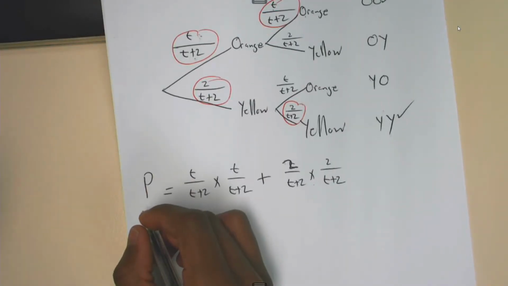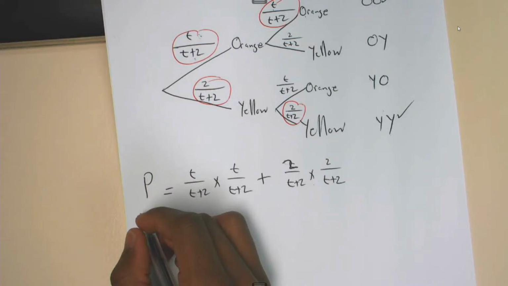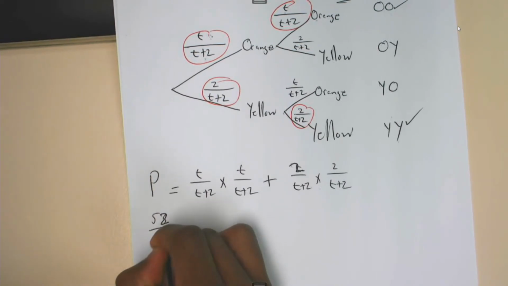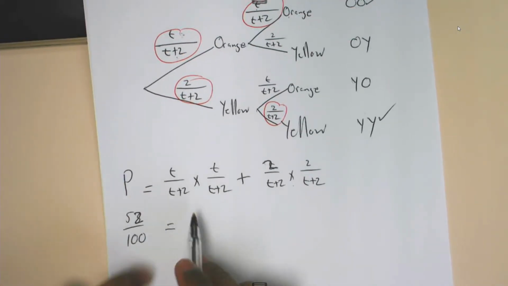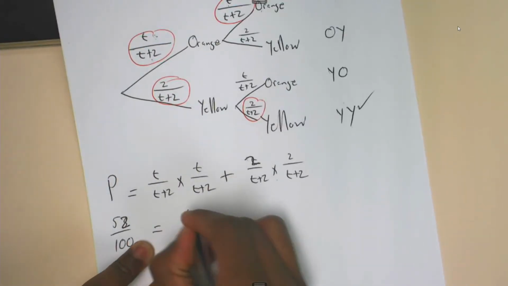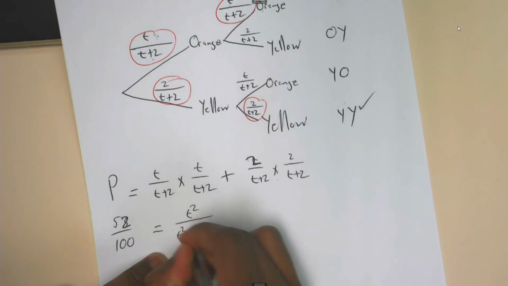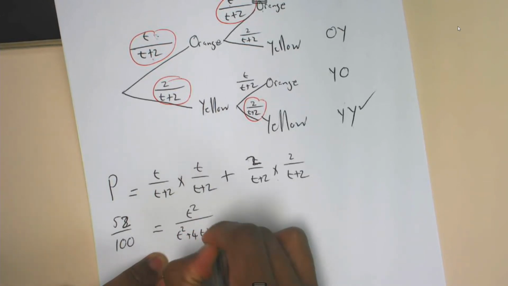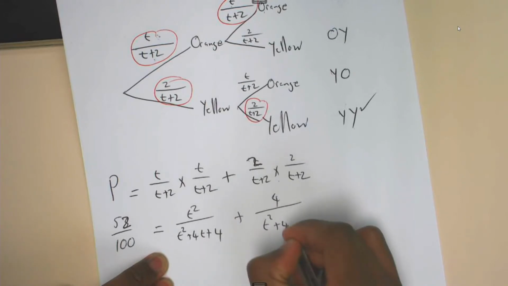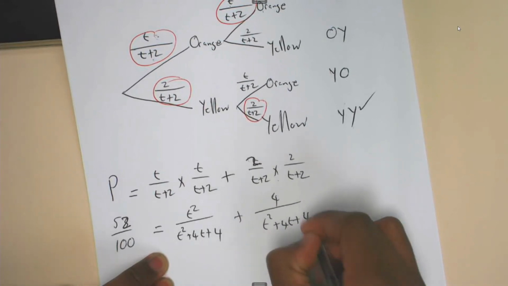Remember, probabilities can be written as a fraction, decimal, or a percentage. In this case, I'm going to express it as a fraction. 52 over 100 will be equal to, and then we simplify this expression: t squared over t squared plus 4t plus 4, plus 4 over t squared plus 4t plus 4.